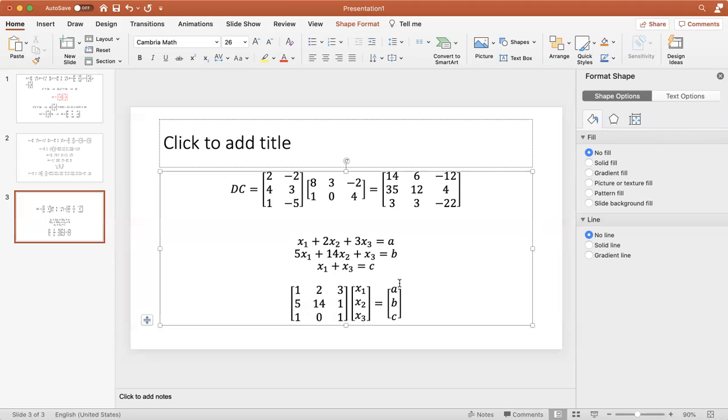Okay. And that is also essential in our later discussion when we talk about the inverse of the matrix, and I'm going to show you how to solve systems of equations using matrix inversion. That's going to be our lesson in the next video.